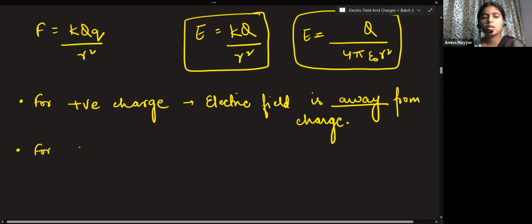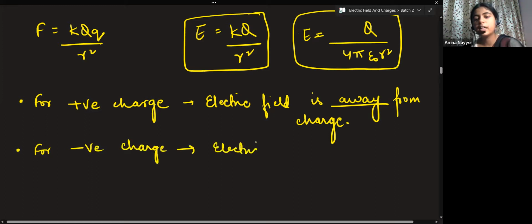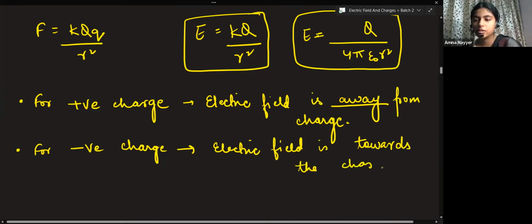And just the opposite of it, if you have a negative charge, then electric field will be directed towards the charge. So towards is for negative and away is for positive.